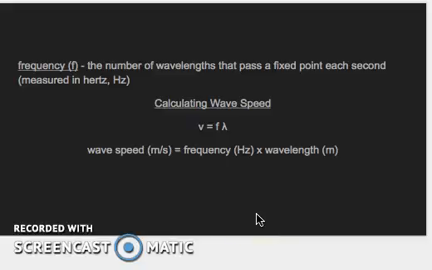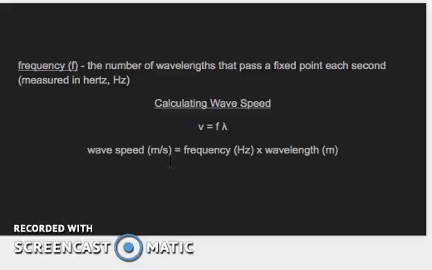Well, if you look up here in the definition, we see that frequency is the number of wavelengths that pass a point every second. So hertz is actually saying the number per second, all right? So if we have per second times meters, we end up with meters per second. And that's an easy way to remember how to calculate wave speed.